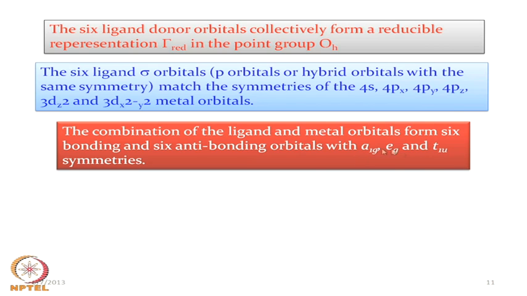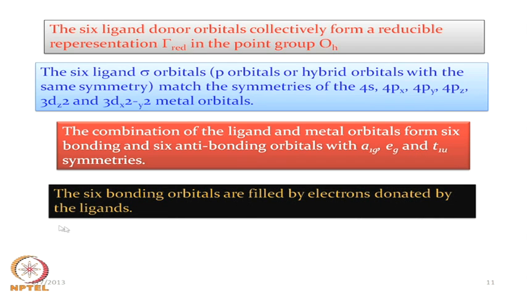These are the 3 irreducible representations which come out from the corresponding reducible representation in the character table, and these are the symmetry levels for those orbitals.